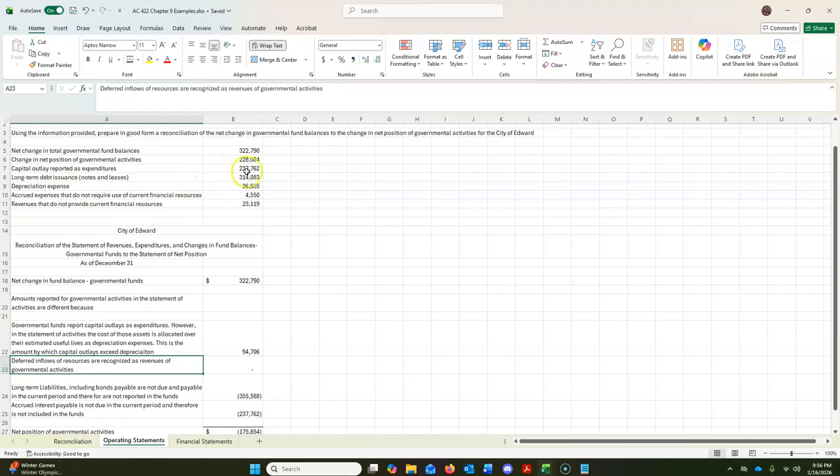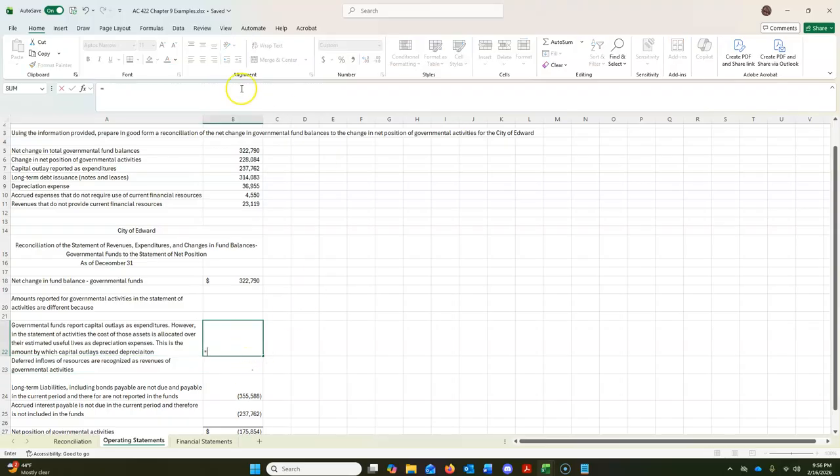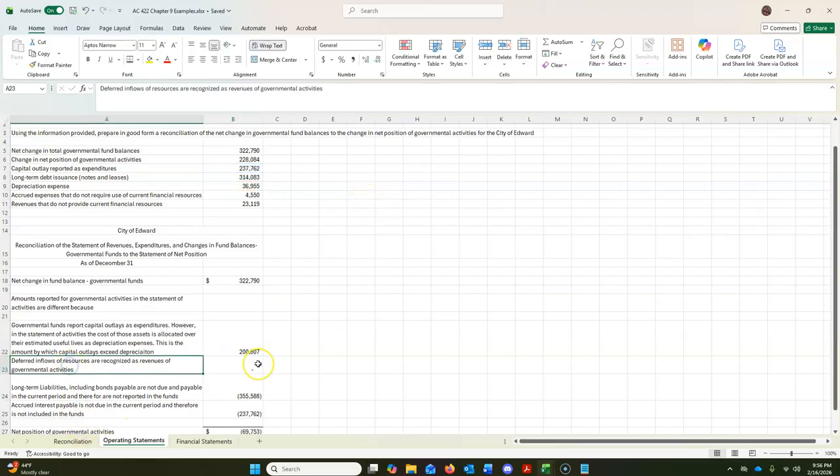You can see here the capital outlays and then the depreciation expense. So we're going to take capital outlays, $237,762, minus the depreciation expense. Then our second amount.